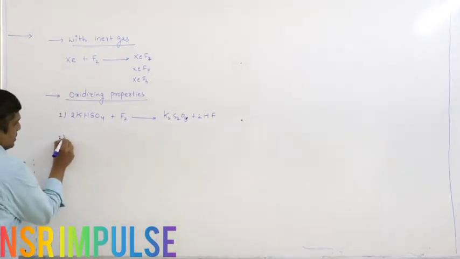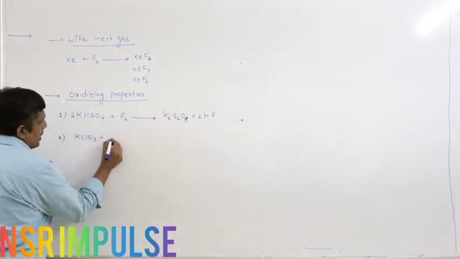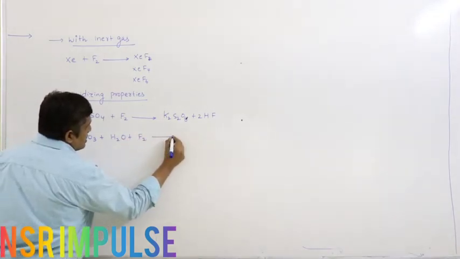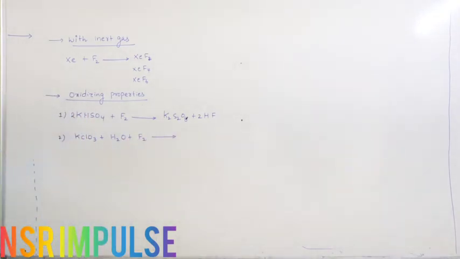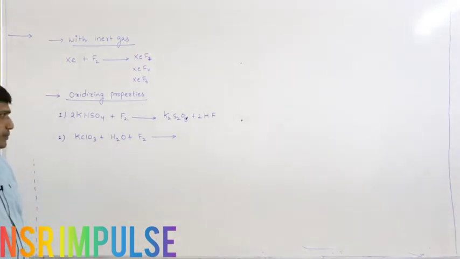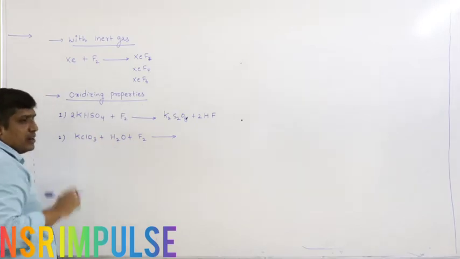The next one is KClO3, chlorate, reacts with fluorine in presence of water. Already we have studied the reaction with H2O and F2. What we get is oxygen, right? If I write H2O and F2, you will get 2HF plus nascent oxygen.